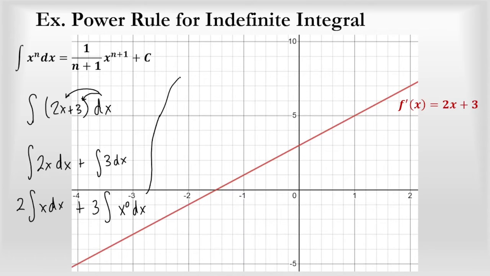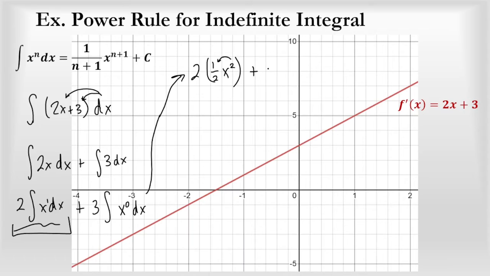So let's work through this. I kind of already did this one on the previous slide, right? The integral of x dx, well, I'm going to have the 2 out front. There's a 1 here, so I'm going to get an x squared, and then I'm going to divide by the new exponent, 1/2. Okay, that's the result of this term here.